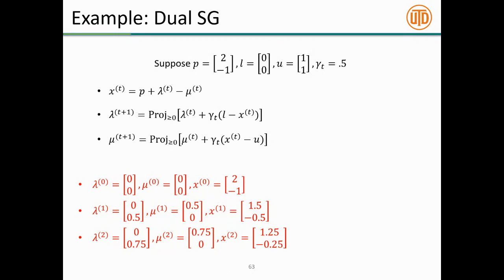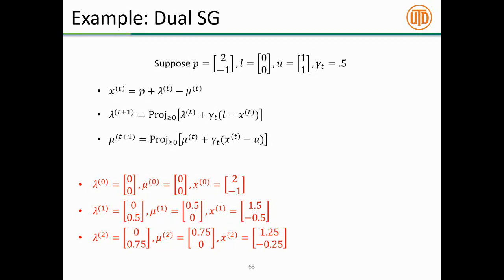Then as you iterate, at the first iteration x isn't feasible, but after I plug into the formulas, I get new values for the lambdas and the mus, and x slides a little bit closer to the projection. So it goes from (2, -1) to (1.5, -0.5) in the first iteration.